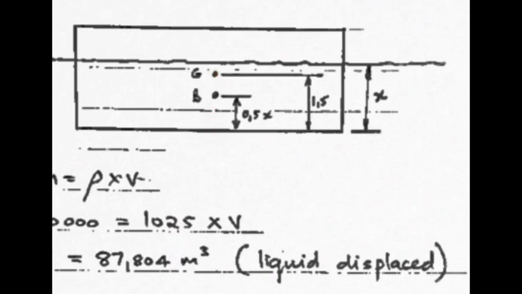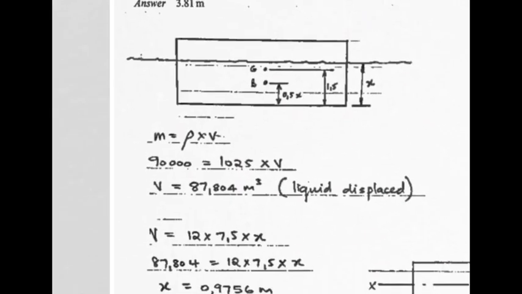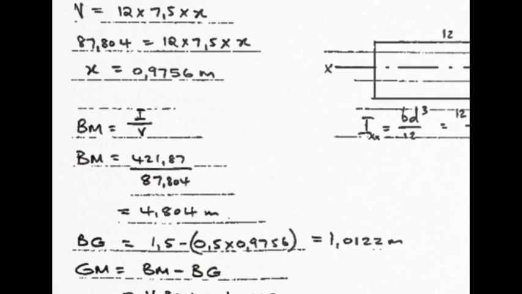Now if we subtract from that 1.5 meters this distance, we will get B to G. So we do that down here. 1.5 meters minus what we just said leaves us with 0.0122 meters from B to G. Now remember, M is somewhere up here for stability, and G to M, which is what we desire, the distance from here to here, is the distance from B to M, which we already know, minus the little piece we just worked out.